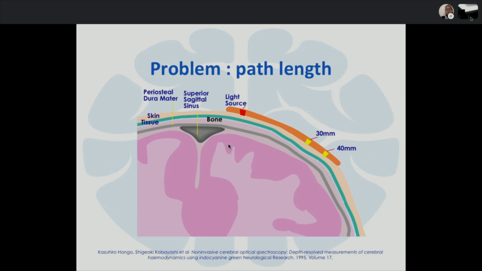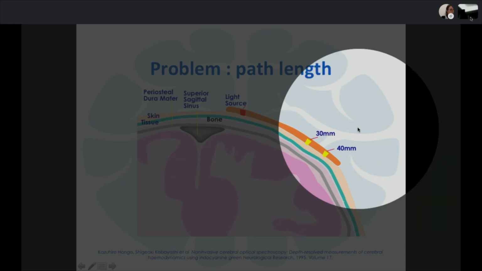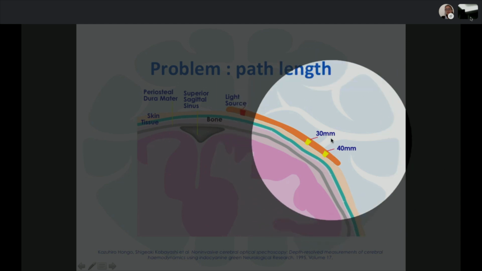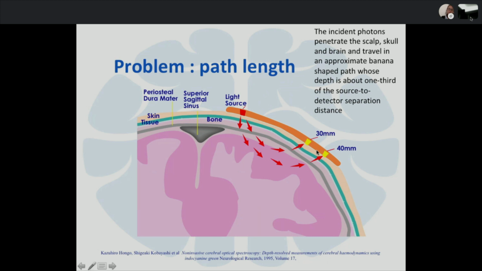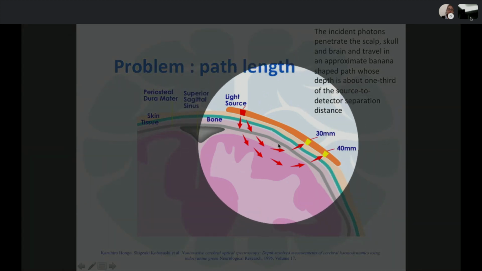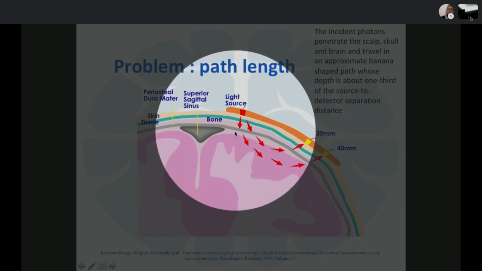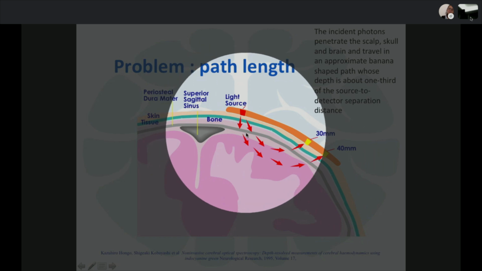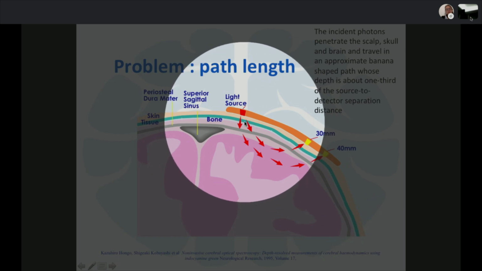As I was telling you before, one of the main determinants and one of the main issues of this technique is the path length. Here we have our light source, and the light is transmitted and needs to arrive here to be detected. If we have a look at this picture, we need to consider that the incident photons penetrate the scalp, the skull and the brain, and they travel in a path which looks like a small banana, but the depth of this means that the signal we obtain comes even from the skin, from the tissue, from the bone.